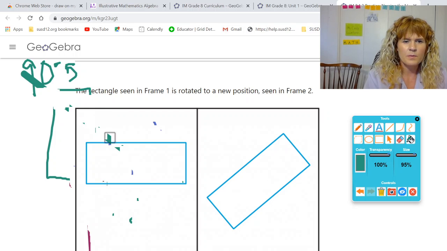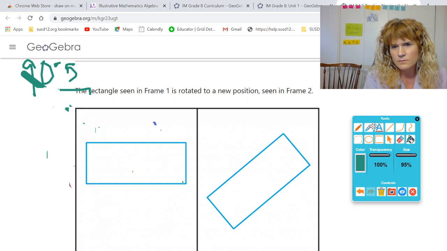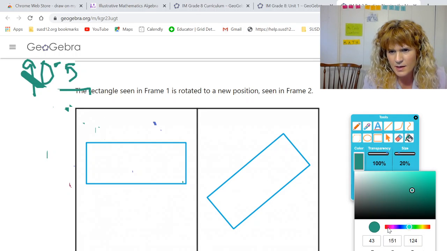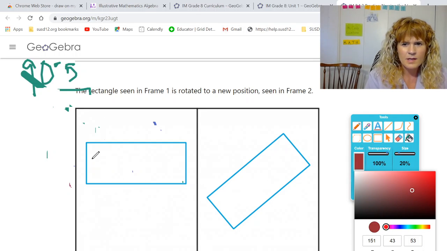Okay, so we're going to try 140 degree rotation. I'm going to start with drawing my axis. Get my pencil tool. And what color should we use for my axis? How about red? This kind of dark red.